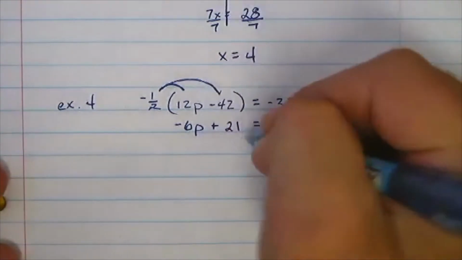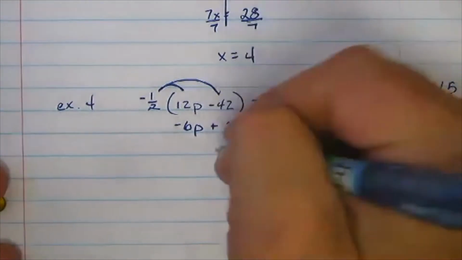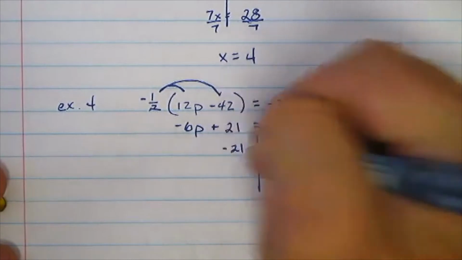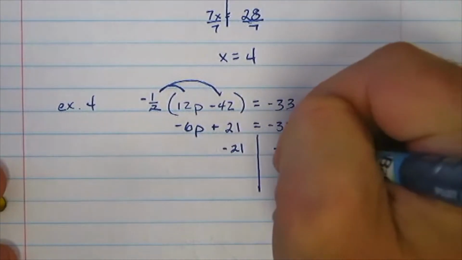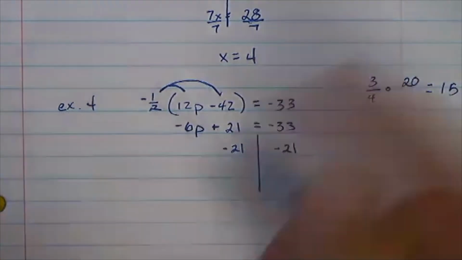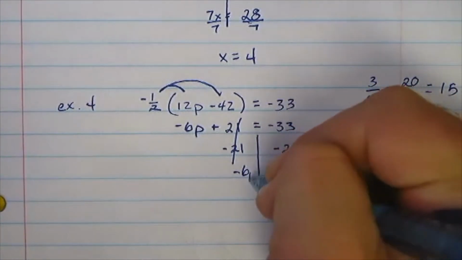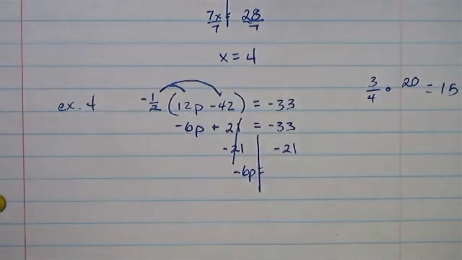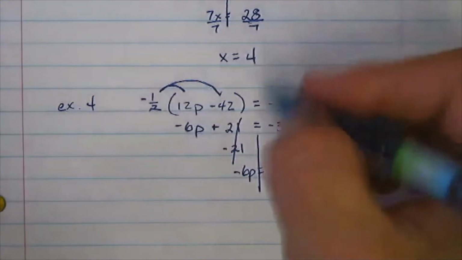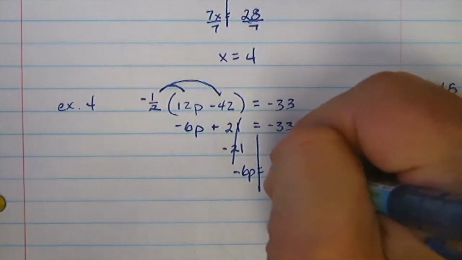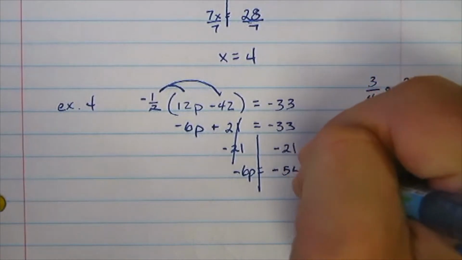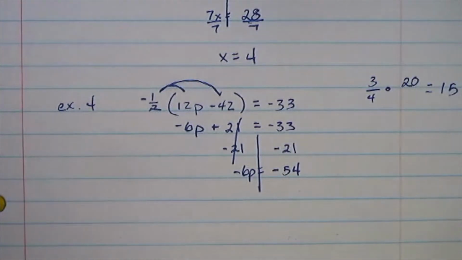So we're going to start by solving the two-step. Again, get rid of the addition or subtraction that you got going on. And we know we did that on purpose so that that cancels out. So I've got negative 6p equals, and then negative 33 minus 21. Again, be very careful with your integer operations, because that should be negative 54.